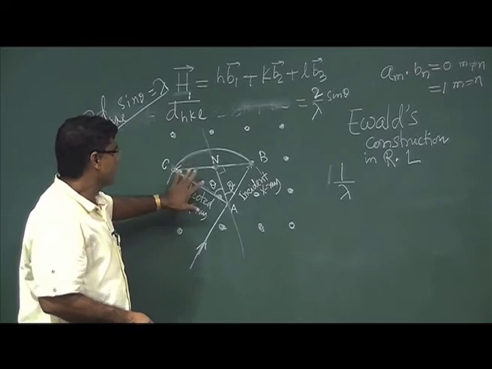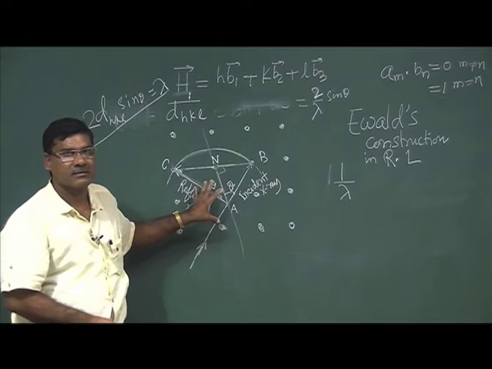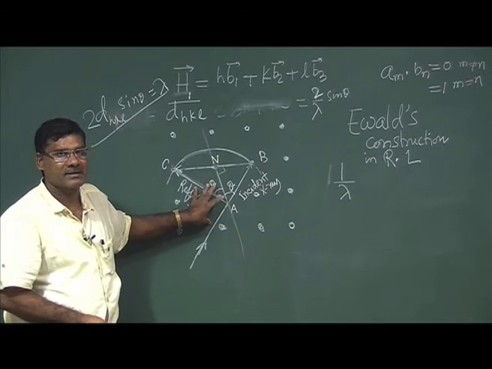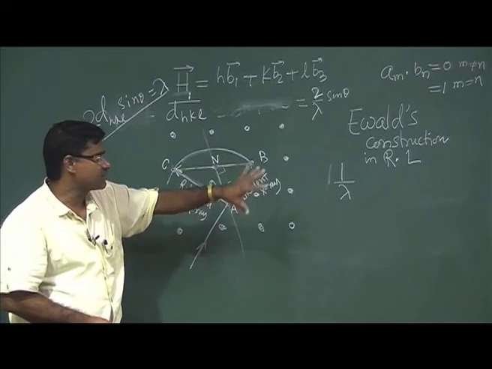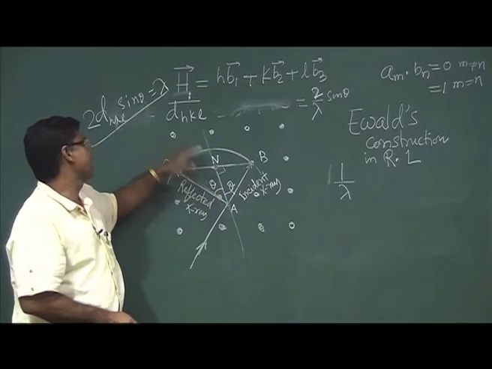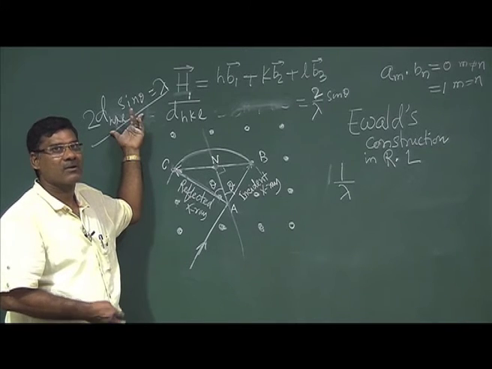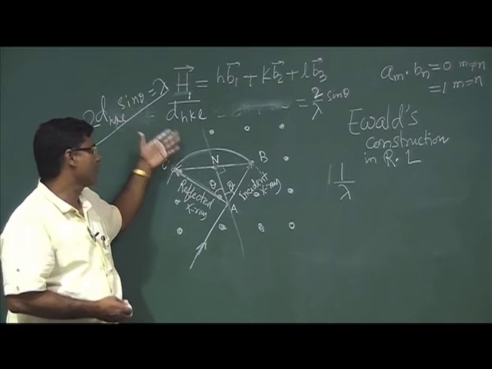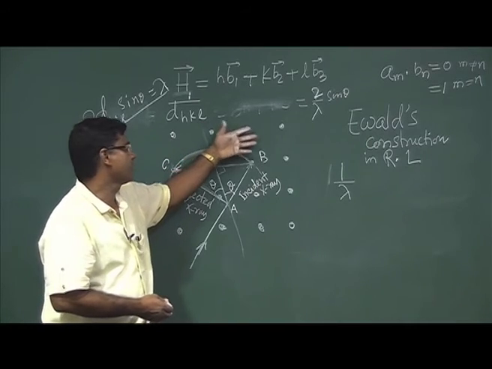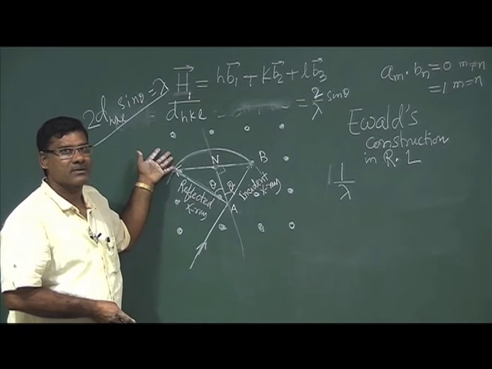So it is exactly whatever Ewald told, the statements are all correct. Following his model, we are getting back our Bragg law, which is the base of all diffraction from these points in the reciprocal lattice.